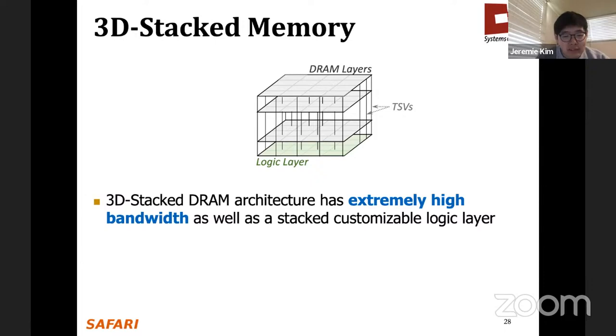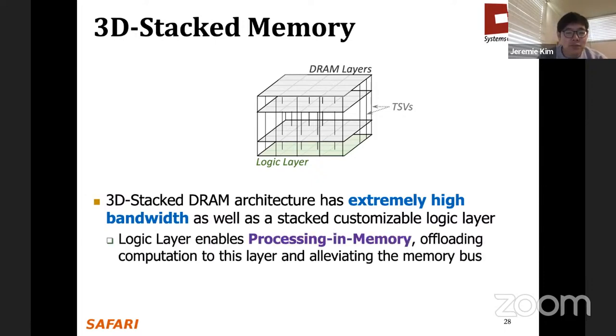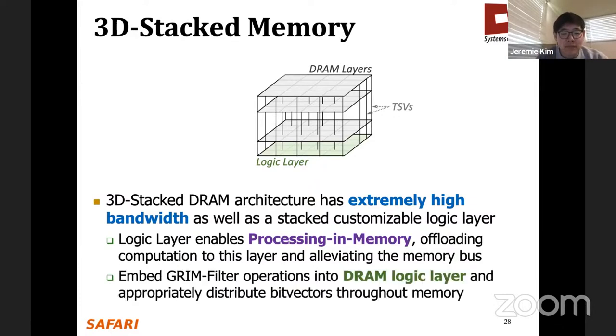So we have this high bandwidth as well as this stacked customizable logic layer, which enables processing in memory. This processing in memory offloads computation to this layer rather than transferring all the data into the CPU, having the CPU process it and bringing it back. So it alleviates the memory bus.